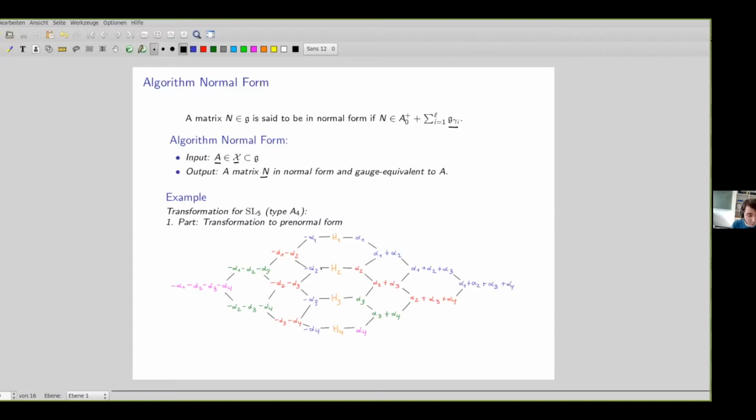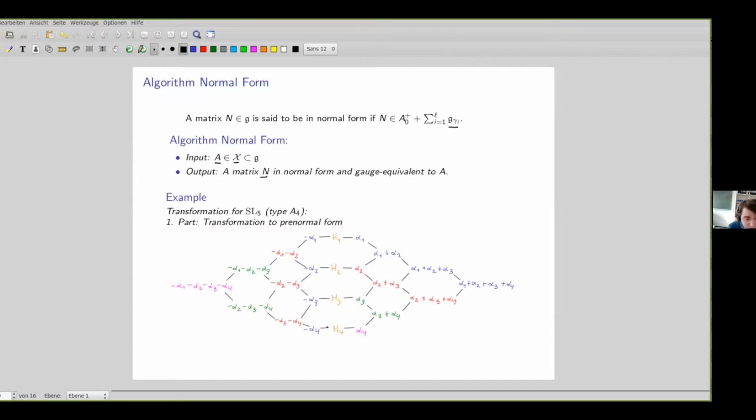What I've drawn here is the root system. On the left you have all negative roots, and on the right you have the positive roots, and here in the middle H1 up to H4 in orange represents the Cartan subalgebra.